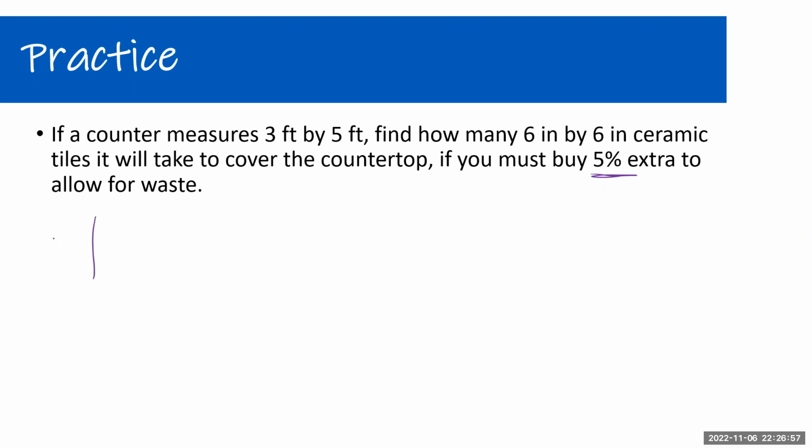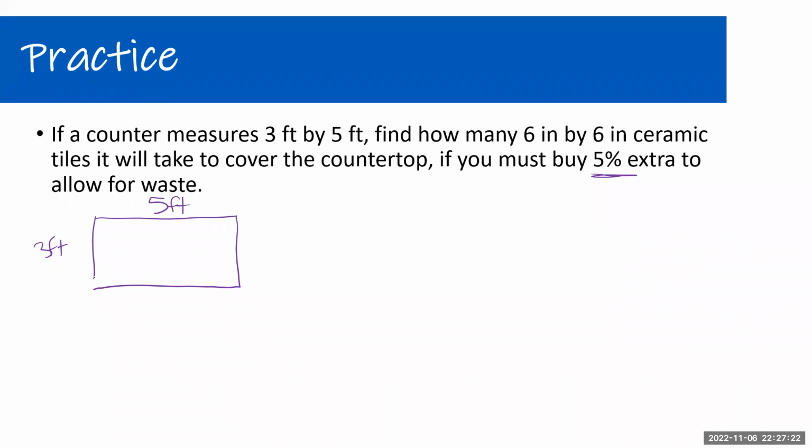We know that our counter is 3 foot by 5 foot, okay? But we know that our tiles are 6-inch by 6-inch, okay? So I would probably, you need to go either to feet or to inches.